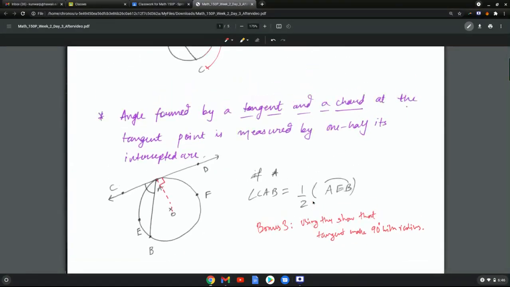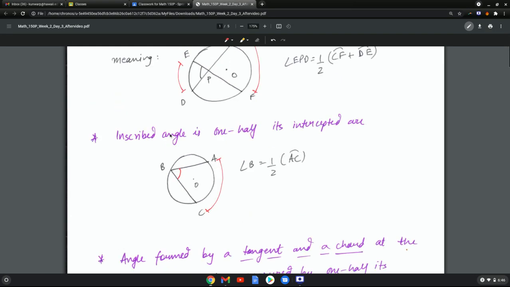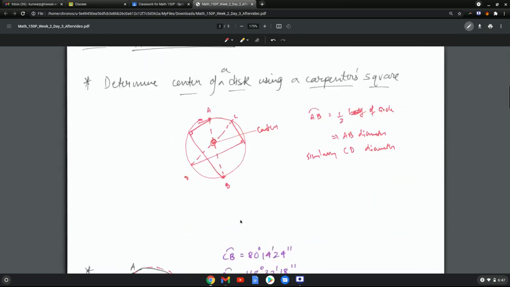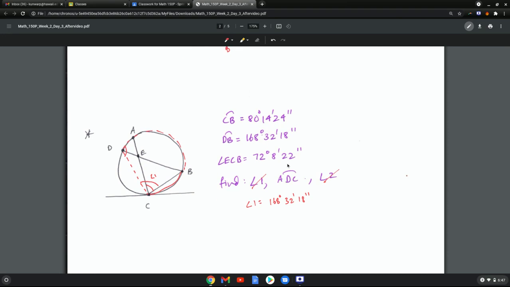Remember this right up here, which says inscribed angle is 1/2 its intercepted arc. So over here, angle 1 is inscribed by DB, so it's going to be half the intercepted arc, which is 84 degrees, 16 minutes and 9 seconds. So that gives me angle 1.